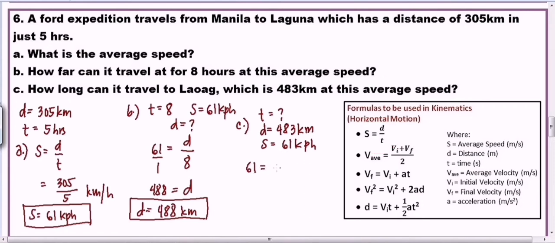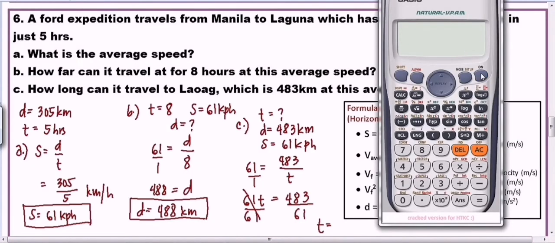So, 61 ang S, D is 483 over time. So, cross-multiply. This one is over 1. So, 61 times T is 61T equals 483 times 1 is 483. So, to get the time, divide both sides by 61 to get T. Okay? So, 483 divided by 61, ayan yung time.